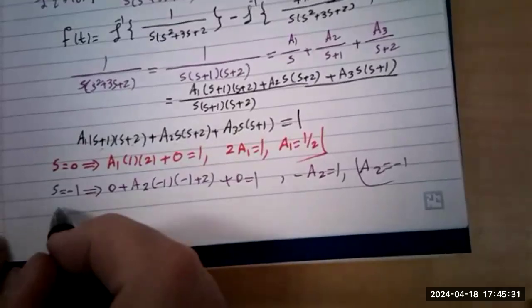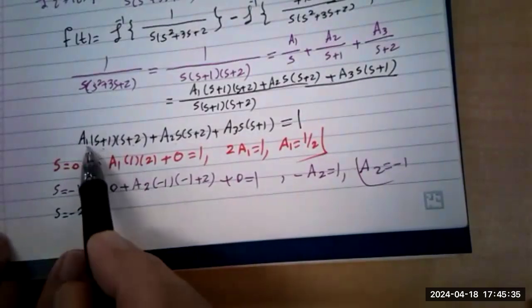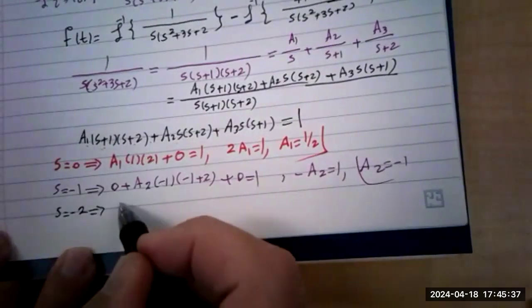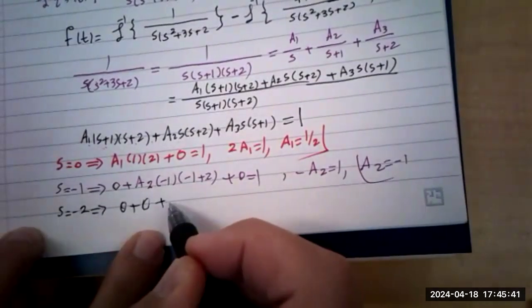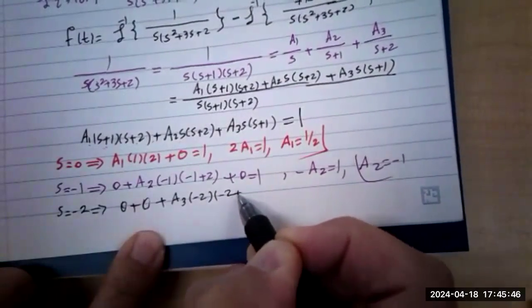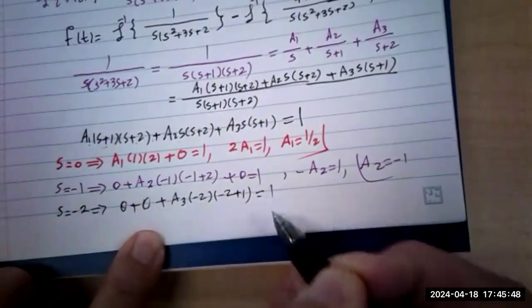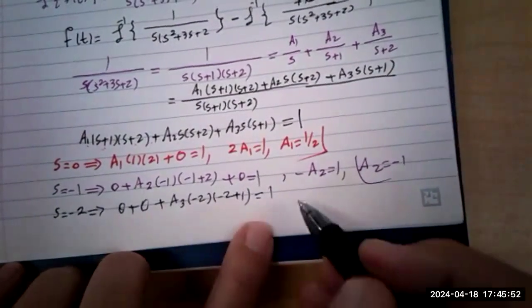And the last number, s equal to negative 2. If you put the negative 2, the first one would be 0. The second one would be 0. Last one would be A3 times negative 2 times negative 2 plus 1, which is negative 1, negative, positive.